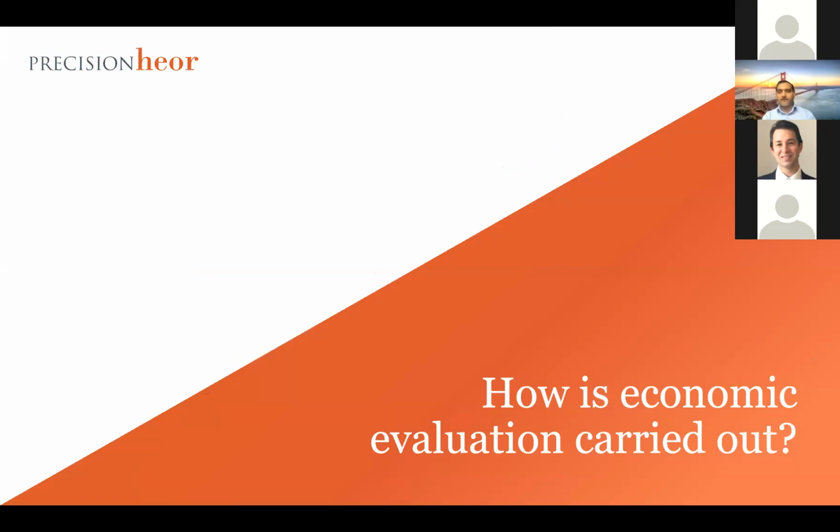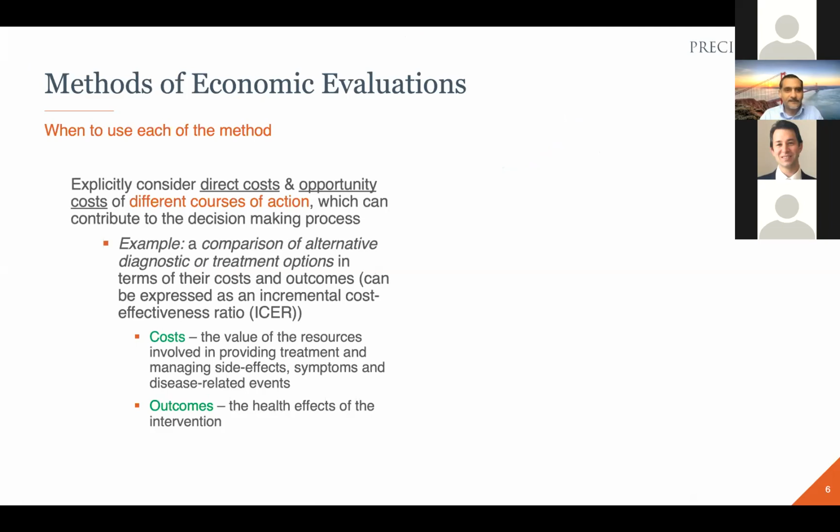So how is economic evaluation carried out? I'm new to this area, so I dug into the literature to look for the methods. The whole idea is that there are different courses of action, and each course of action has a direct cost and an opportunity cost associated with it.